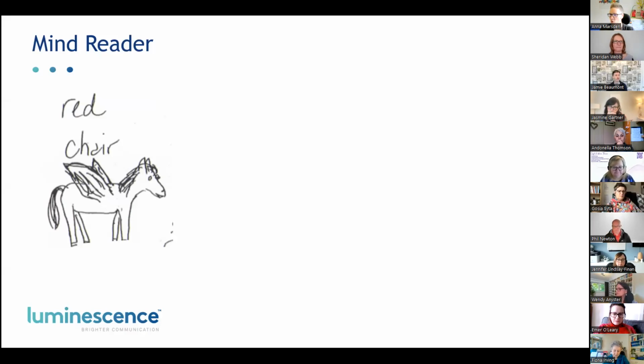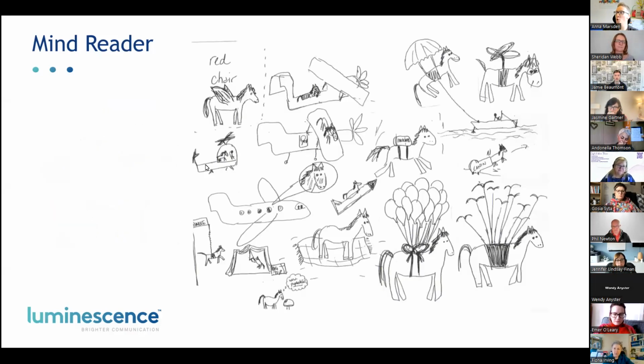This is what I thought you'd all do in the time pressure, right? I was probably a little bit right with the colours and the furniture, a bit more spot on with the horses. But if we're given more time and permitted to feel scratchy, these are the types of horses that we start to see.